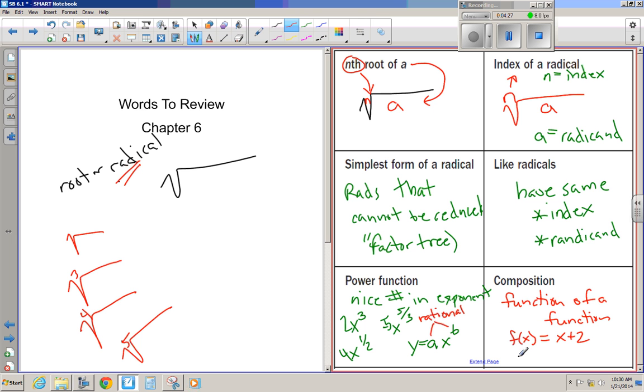But all of a sudden, I'm going to change what the x is, and I'm going to make it look like another function. I'm going to put a whole other equation into an equation.